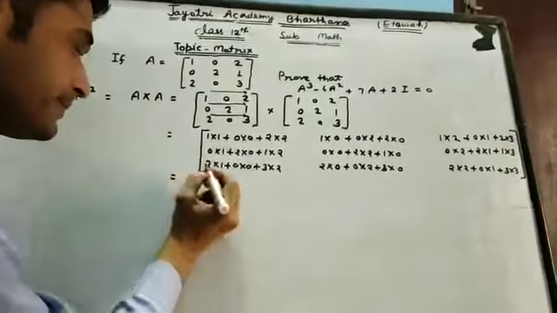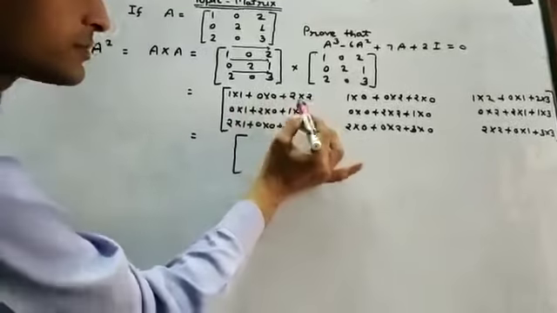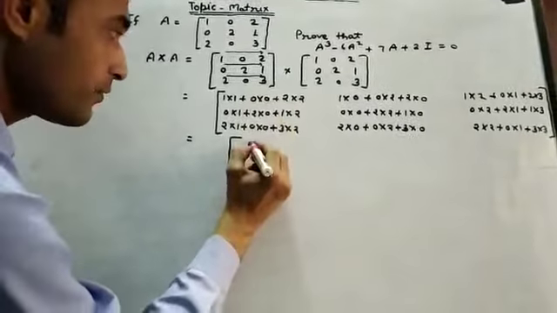Now we solve. 1 multiply 1 is 1, 2 multiply 2 is 4, 4 plus 1 is 5.